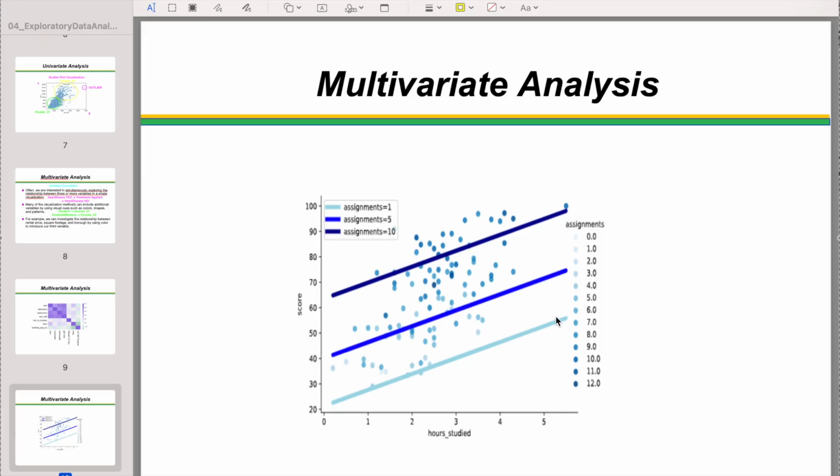So 1 assignment is the light blue line, 5 assignments is the violet line, and the students who completed 5 assignments will have a higher score than those who completed 1 assignment. And students who completed even 10 assignments would have a much higher grade than the previous 2 categories. So that is what this particular visualization is showing.